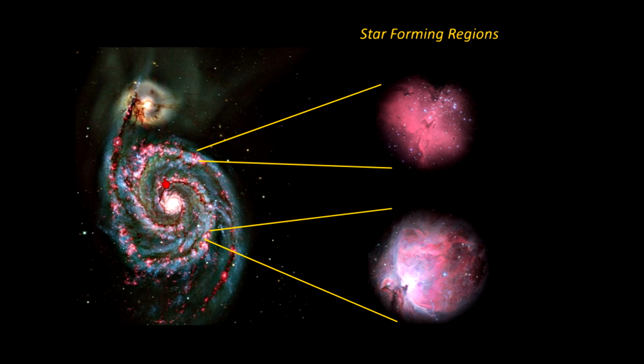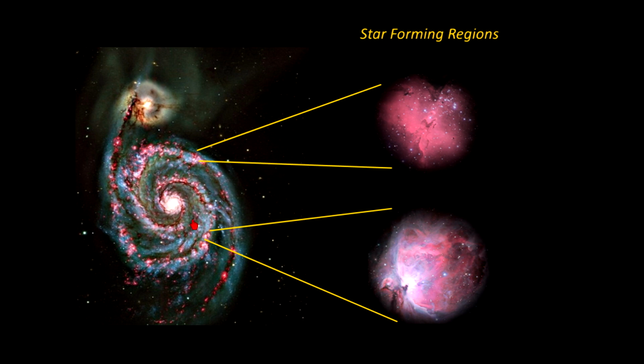Now notice the star-forming regions are only along the spiral arm. Really not a whole lot of anything in between. No star-forming regions in between. If you remember from a previous video, star formation requires a concentration of gravity. So these star-forming regions show us where gravity is most concentrated, so that the force of gravity can trigger the formation of stars by collapsing these clouds.